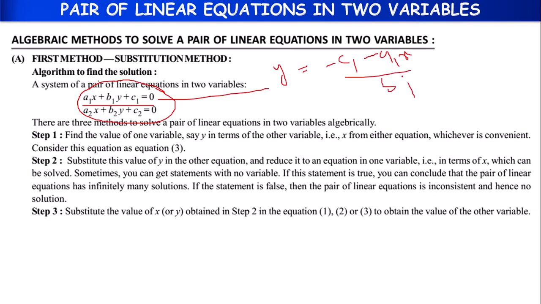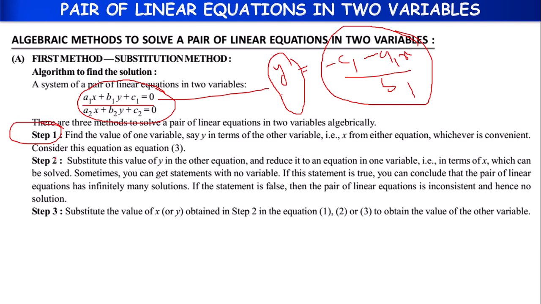So y equals c1 minus a1x by b1, with a sign adjustment. Like that, we will find the value of one variable y in terms of the other variable x by isolating y from one equation. That is step 1 in the substitution method.